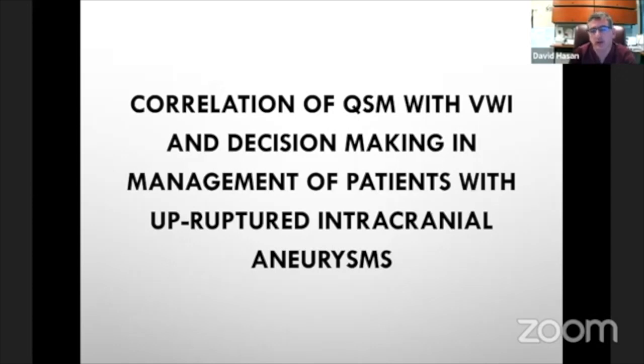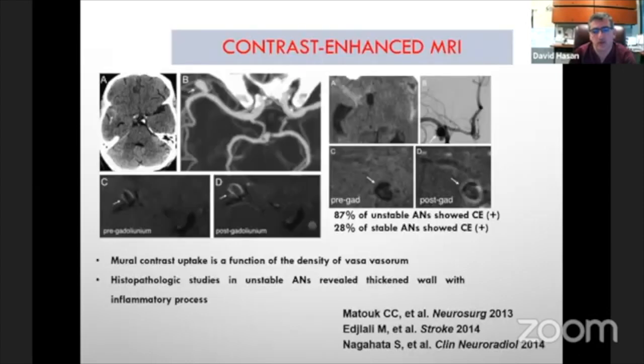So we looked in the literature, and in the last 3-4 years, we've been focusing on high resolution vessel wall imaging. So we wanted to correlate the QSM with high resolution vessel wall imaging. As all of you know, this was started approximately in 2013 to 2015 by Matouk, Edjlali, and Professor Nagahata.